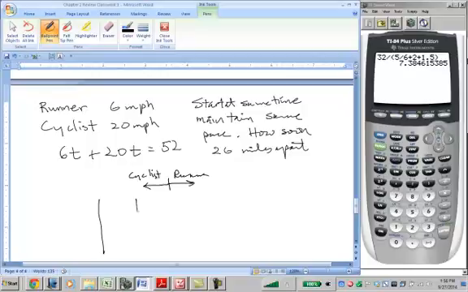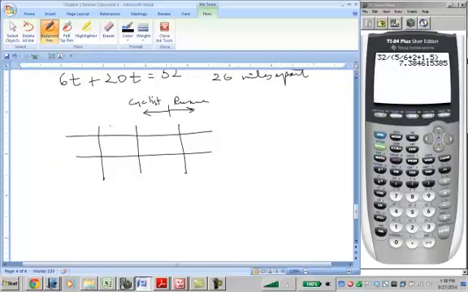So I already made the equation, but let's just write it out here. We're going to have rate, time and distance. For the runner, the rate is 6. The time is t, and the distance for the runner is 6t.